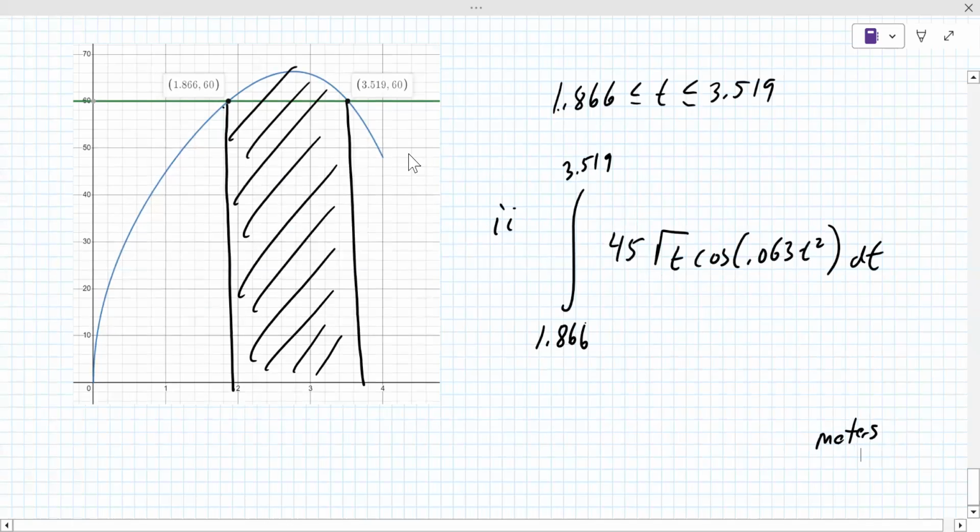There's a small thing to think about here. Since it's always positive, you don't have to worry about absolute value. But if there were a crossing, because it wants total distance, you would then do absolute value.